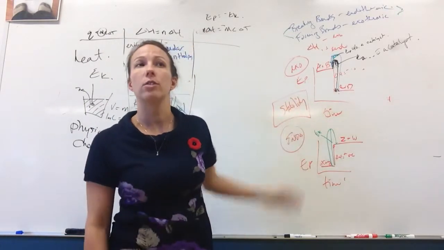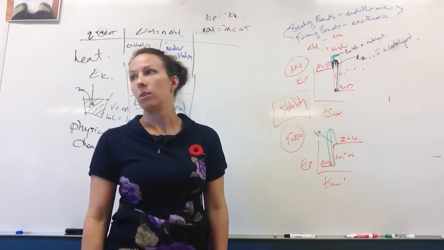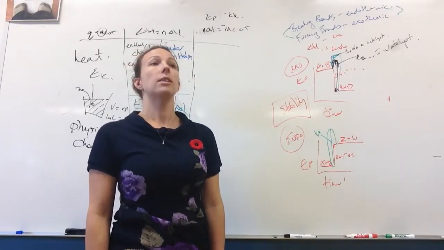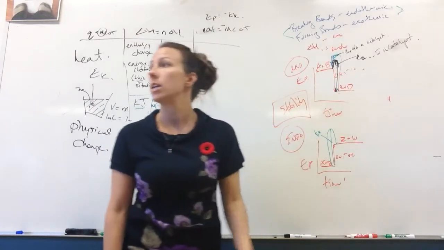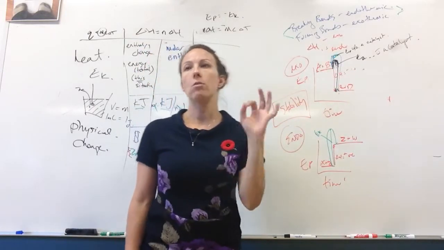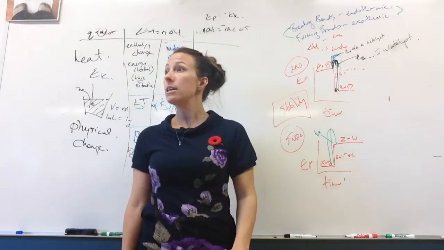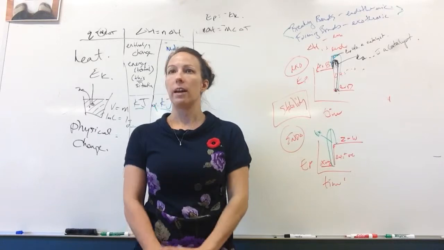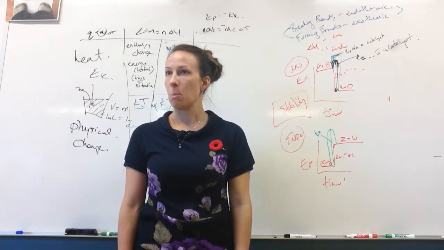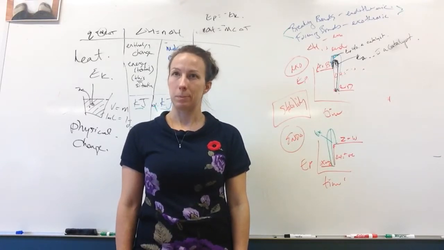Does the catalyst change the delta H? No. Does the catalyst change the levels of these potential energy stability? No. The only thing the catalyst does is change the activation energy. That's it. Okay?